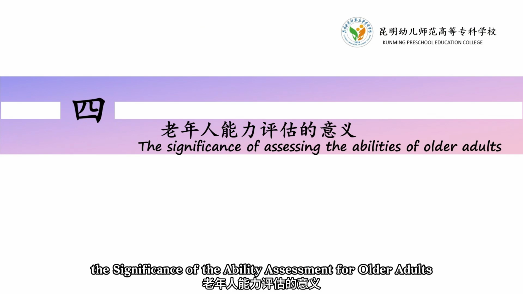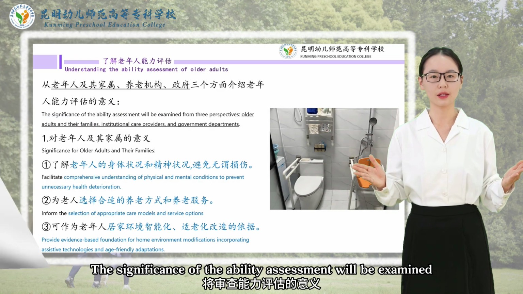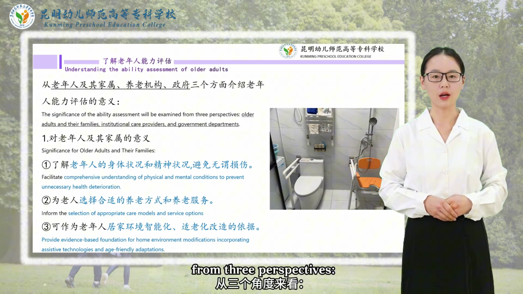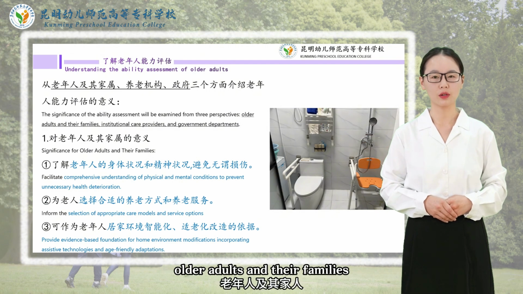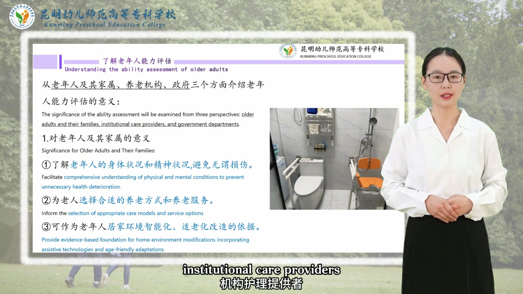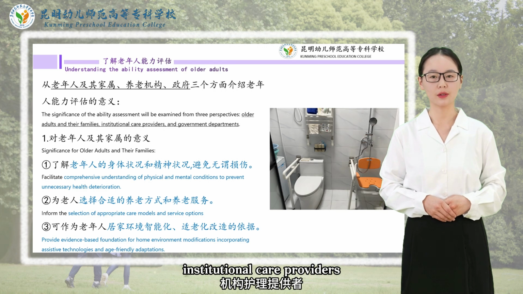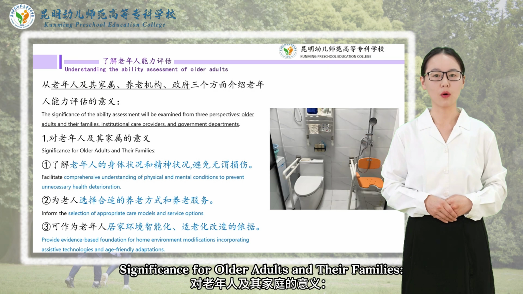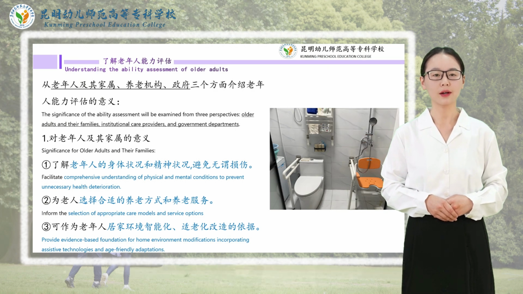Finally, the significance of the ability assessment for older adults. The significance of the ability assessment will be examined from 3 perspectives: older adults and their families, institutional care providers, and government departments. Significance for older adults and their families.